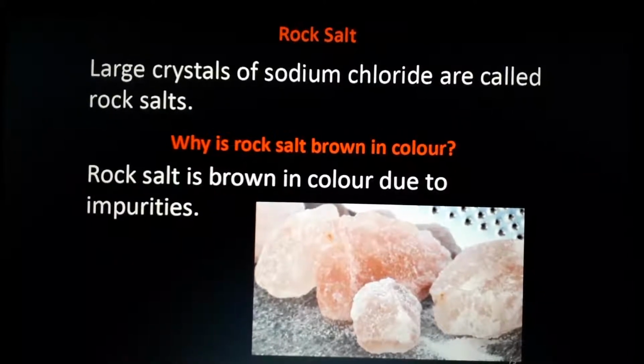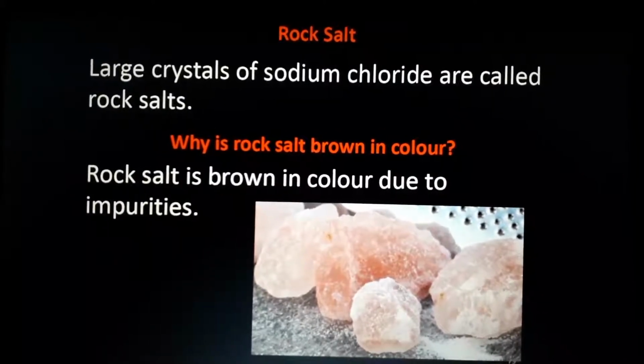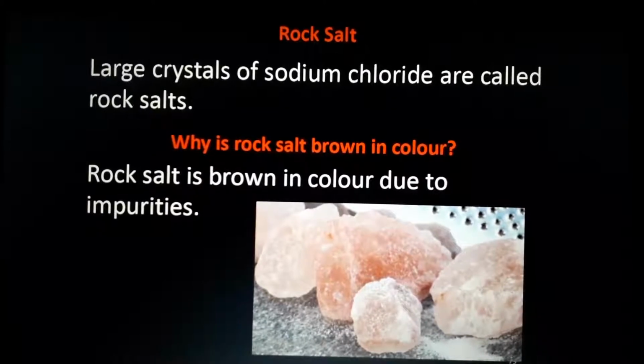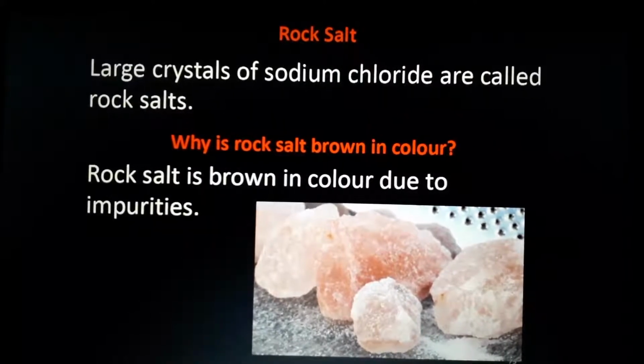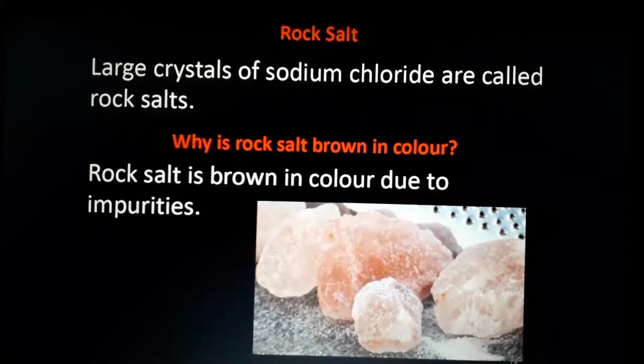Okay, let us start. The first one we are going to study is sodium chloride, or the common salt we are using. See, large crystals of sodium chloride are called rock salt. So how do we make sodium chloride? Just by evaporating seawater.